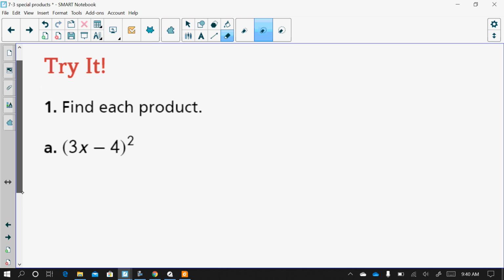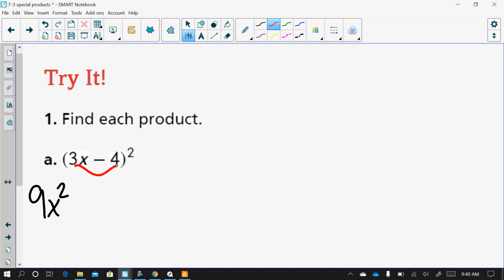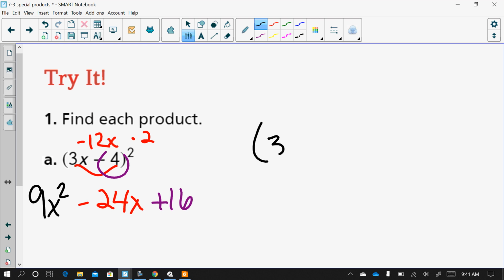Please take a minute, pause the video, and try this problem. Shortcut: square this again, so 9x squared. Multiply these two together, I get negative 12x, and double it, so times 2, negative 24x, and then square the last term, positive 16. And again, just FOILing it, 3x minus 4 times itself.